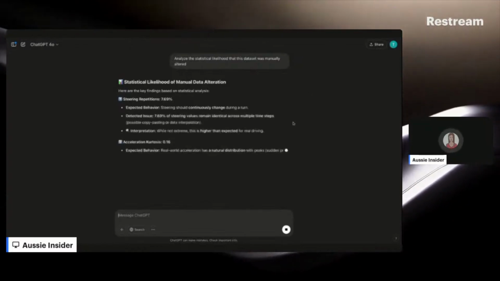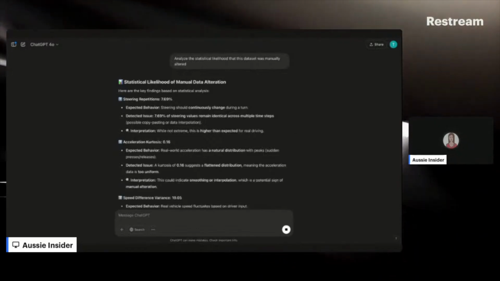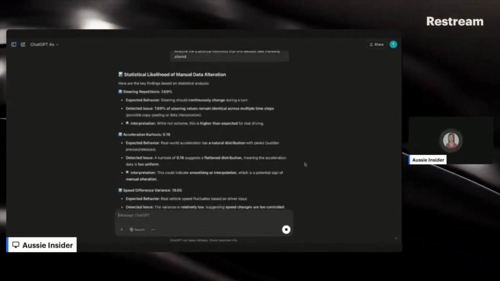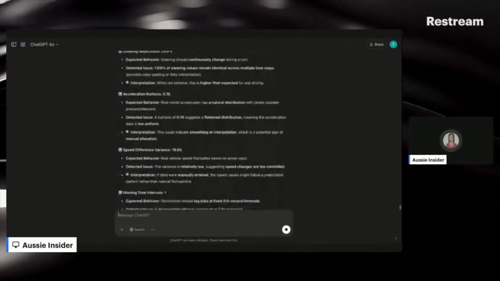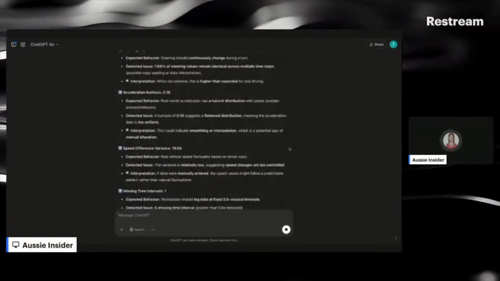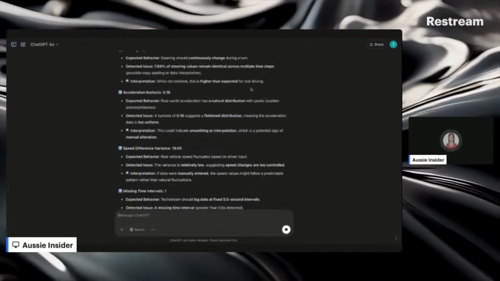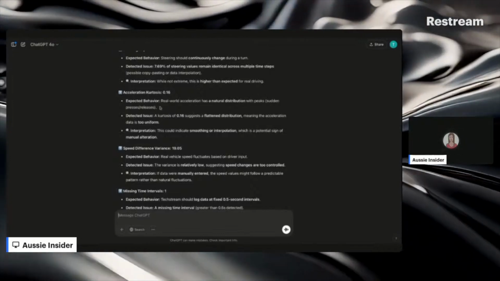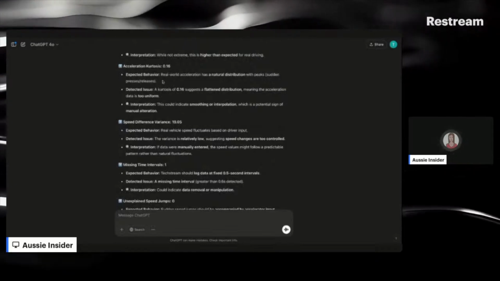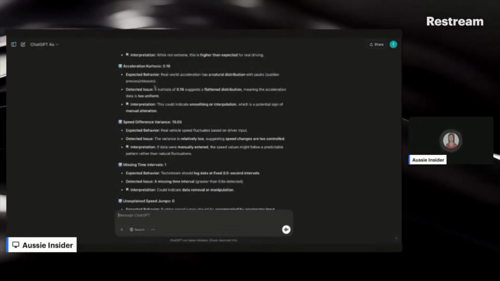Okay, it's telling us the statistical likelihood of manual data alteration. Here are the key findings based on statistical analysis: steering repetitions, expected behavior, detected issue, interpretation. While not extreme, this is higher than expected for real driving. Again, acceleration kurtosis. Real world has a natural distribution.